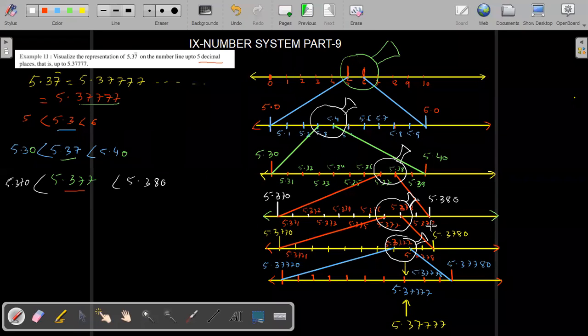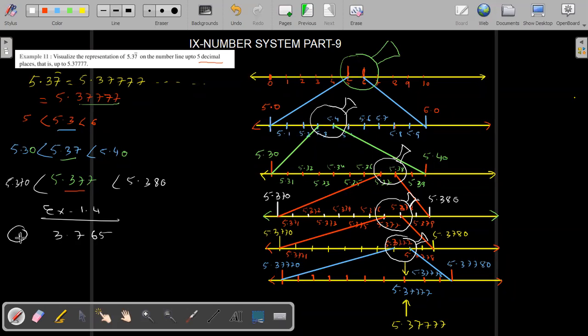Now we have two questions only in our exercise, Exercise 1.4. You have to visualize two numbers. Question number one is 3.6765, only up to 3 decimal places. And the second question is 4.26 recurring.